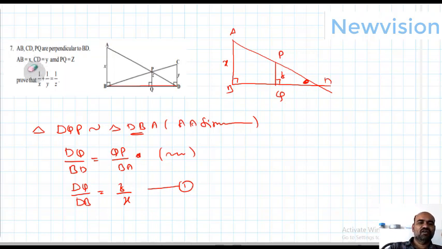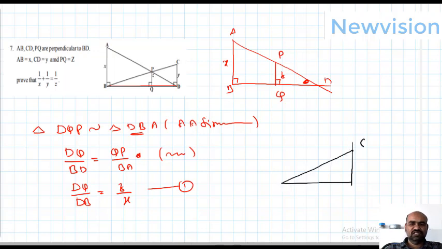Now separate these two triangles. I am separating here: C, D, B, P, Q, with 90, 90. This is Z, this is Y. This angle is common for smaller and bigger, with 90, 90, so they are again similar. I will write smaller to bigger, that is better. Triangle BQP similar to triangle BDC.